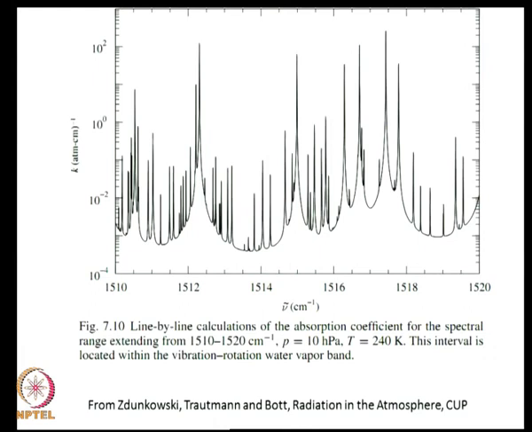the typical variation of the absorption coefficient in the range 1510 to 1520 centimeter minus 1, at a fairly high pressure, for a carbon dioxide band here, and you can see that there are a large number of lines here, and this is a logarithmic scale.